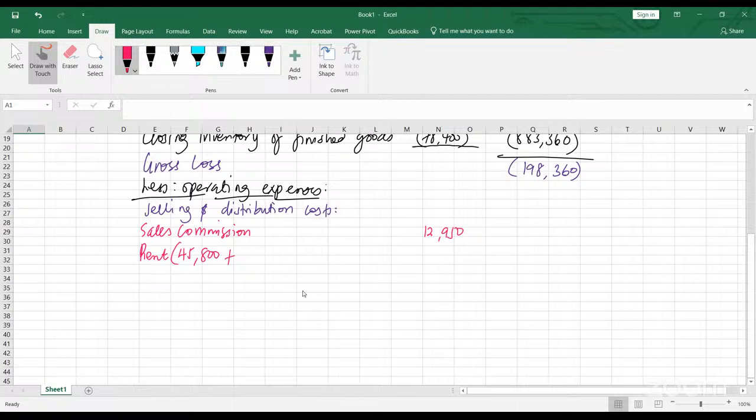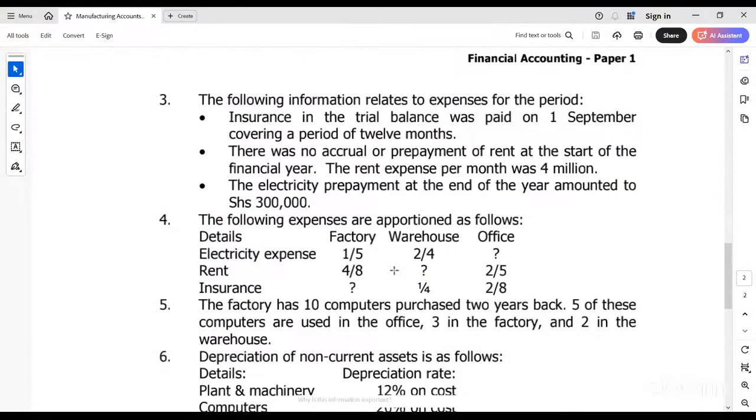On the additional statement, I'm seeing a statement saying there was no accrued or prepayment of rent. But at the start of the financial year, the rent expense per month was 4 million. Remember we computed something about accrued rent.